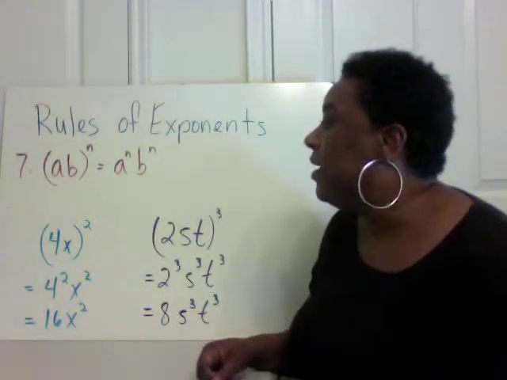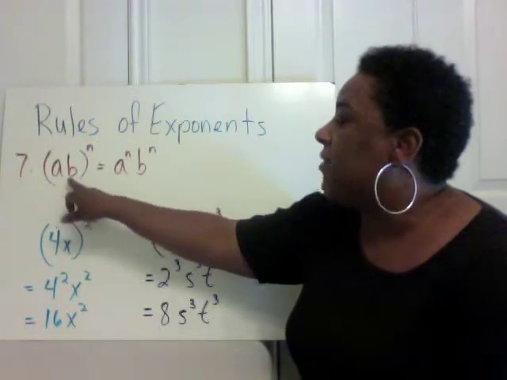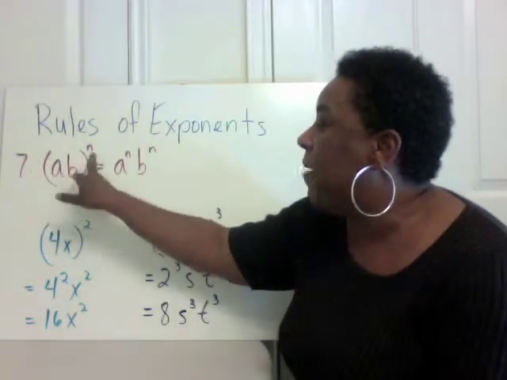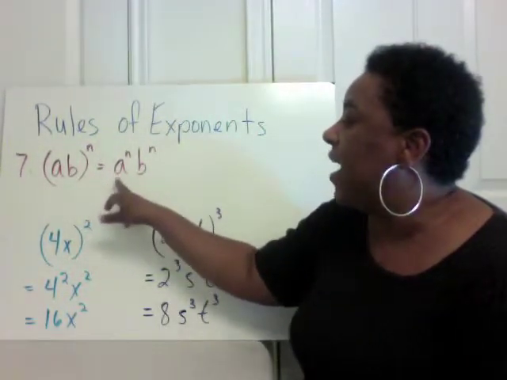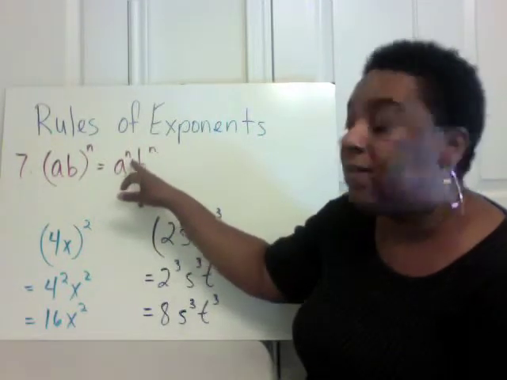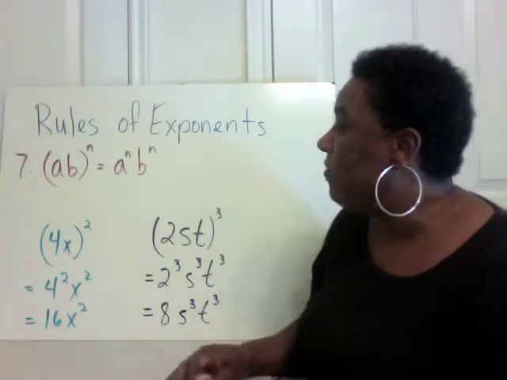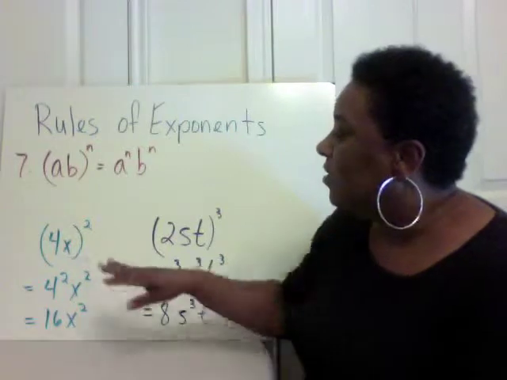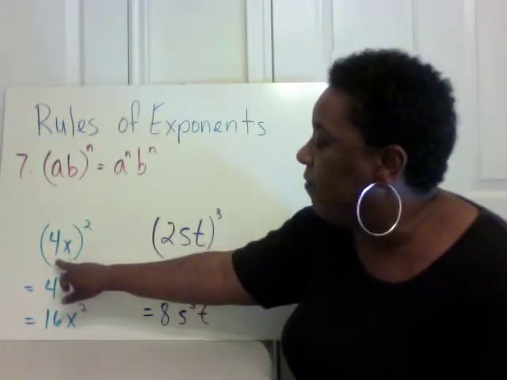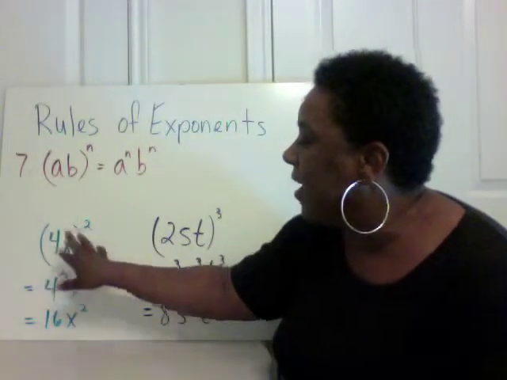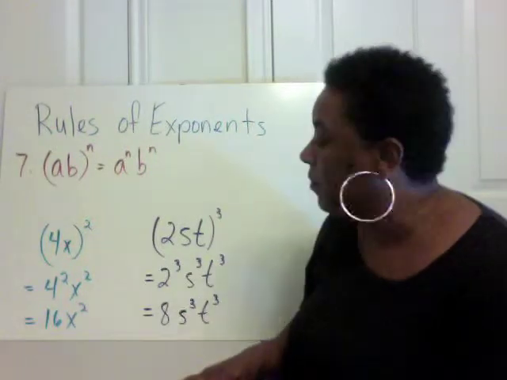The seventh rule is a times b raised to the power of n is equal to a to the power of n times b to the power of n. So here I have an example of 4x all raised to the power of 2.